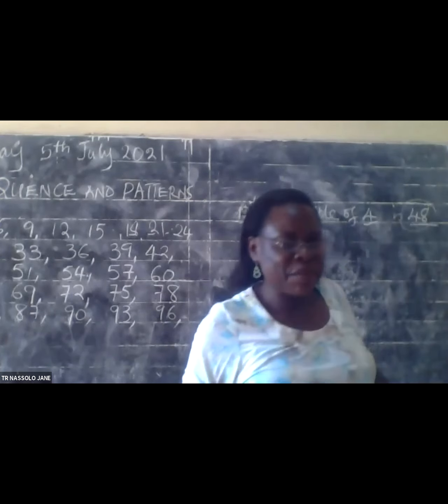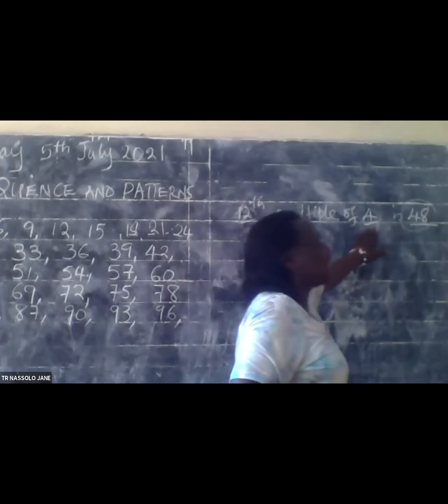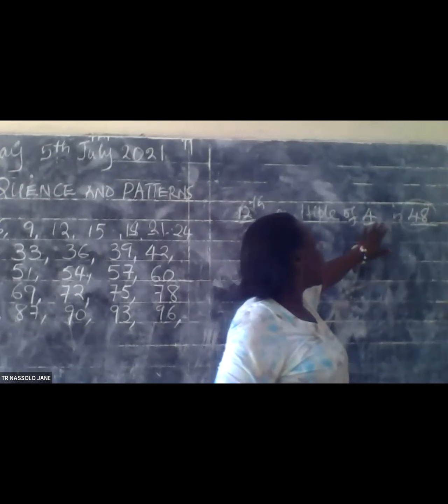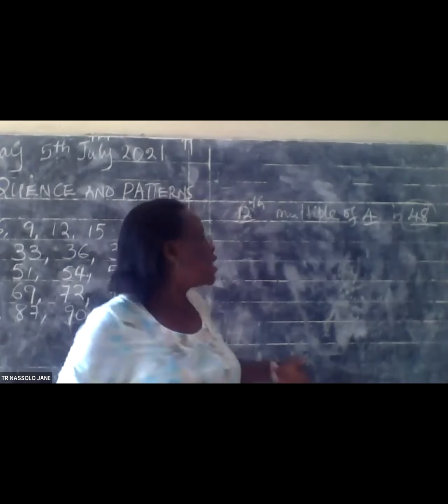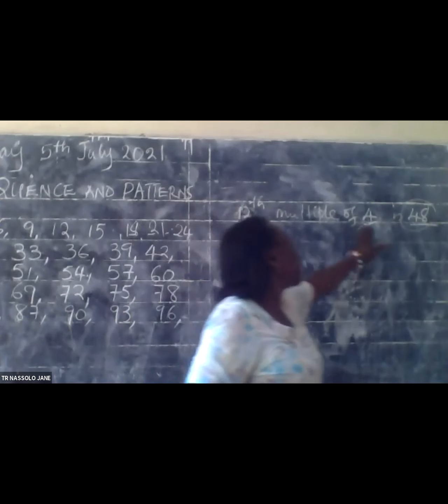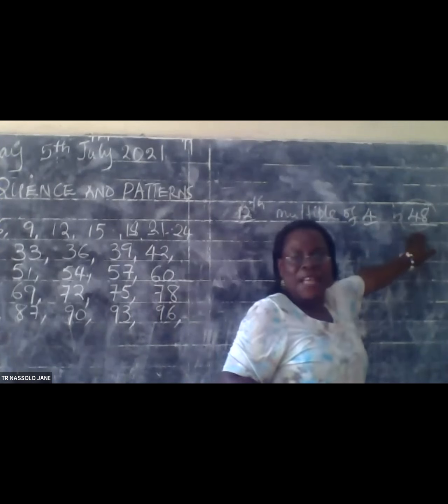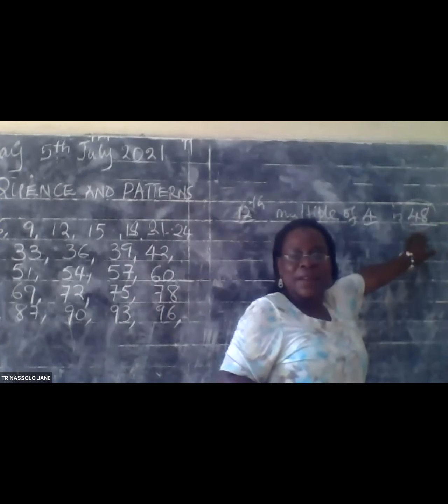And I was asking members, how do we get the multiple if we have the position and the number? Then somebody has explained to us that in order to get the multiple, we multiply the position by the number. We have 12 times 4, which gives us 48, right? Yes, teacher.